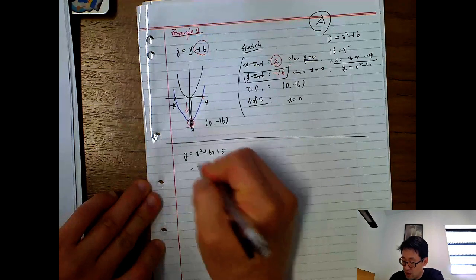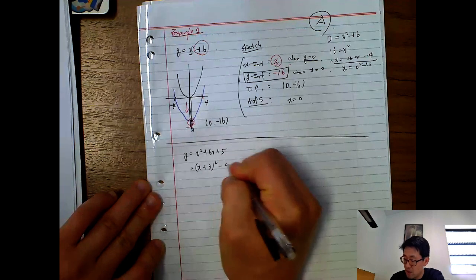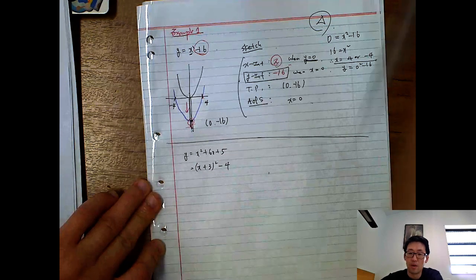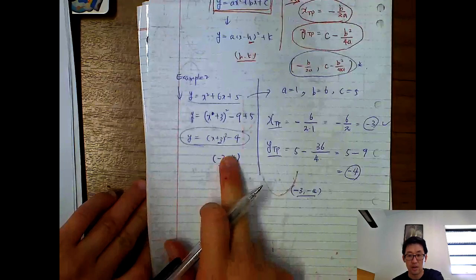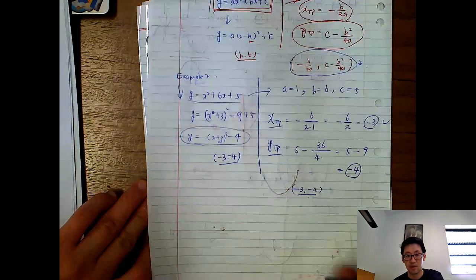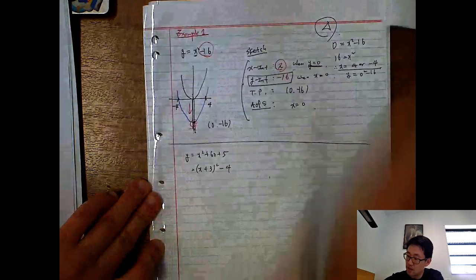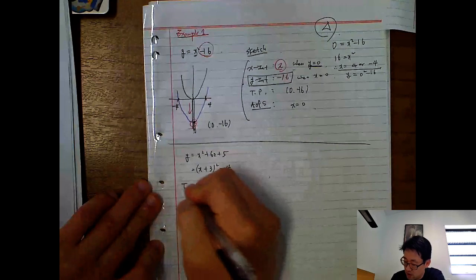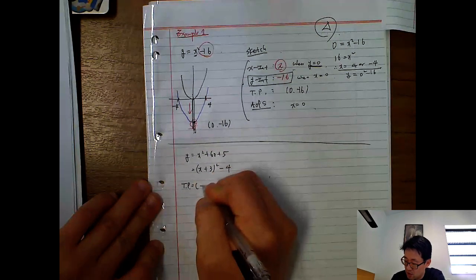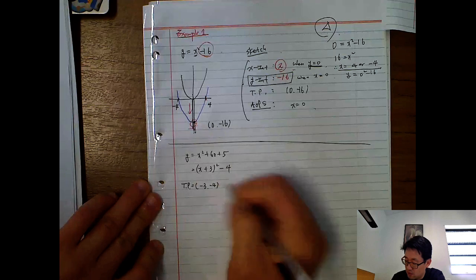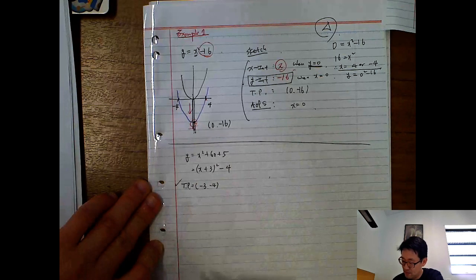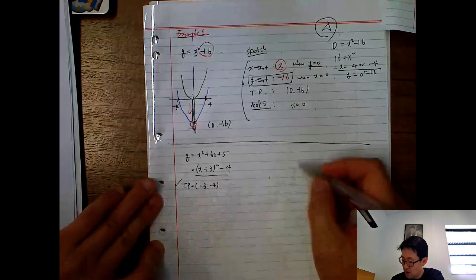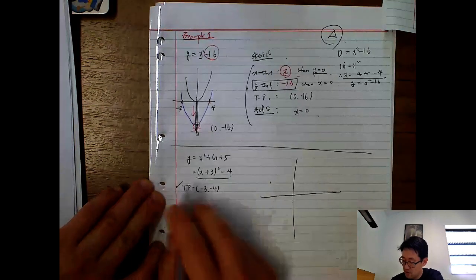X plus 3 squared minus 4. I already did it here, didn't I? So I'll use that. And then I get the turning point. Turning point equals minus 3 and minus 4. Hooray, I get that.